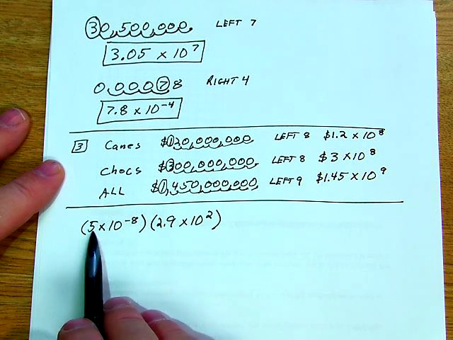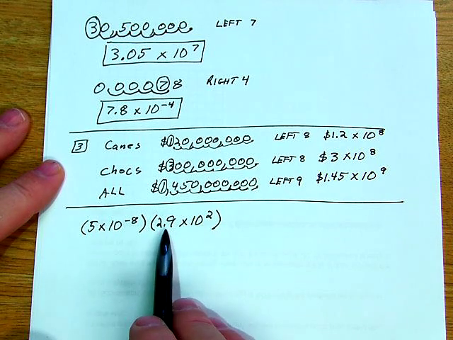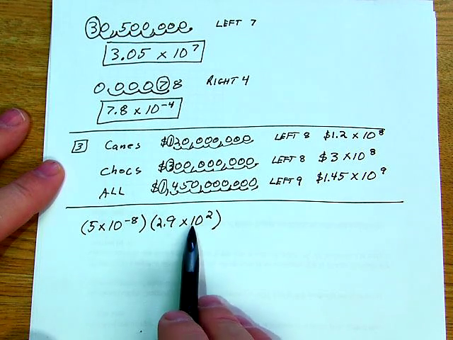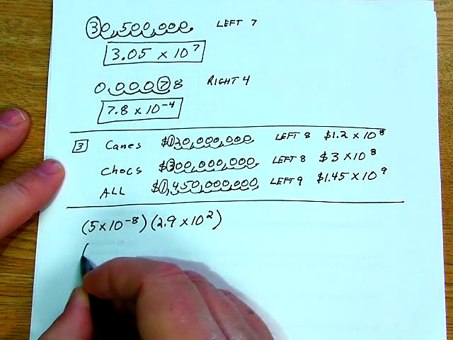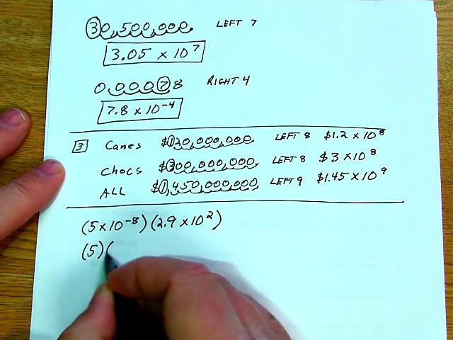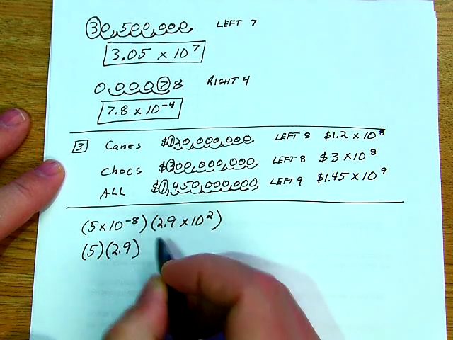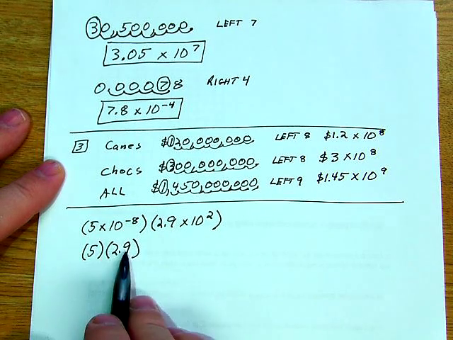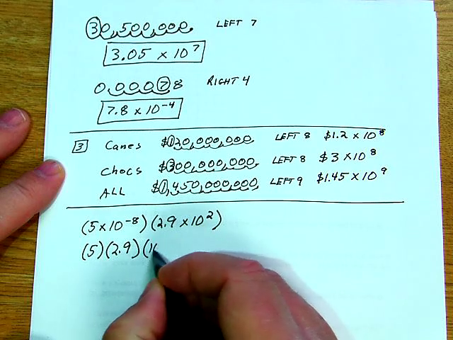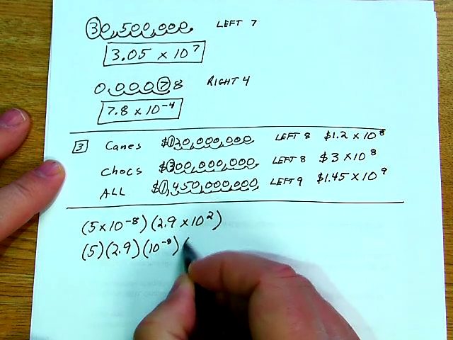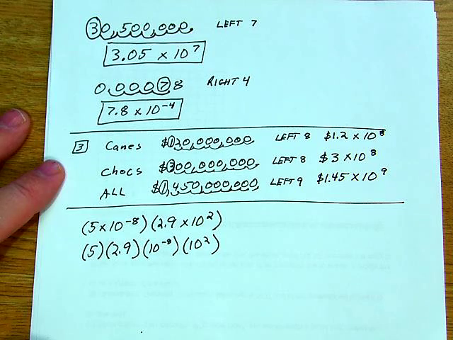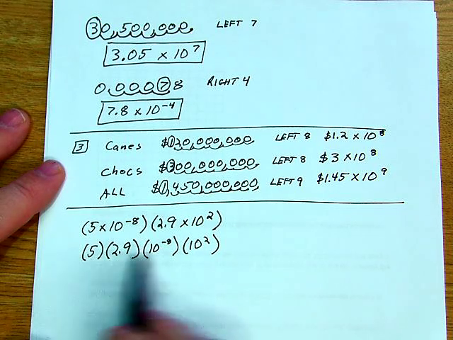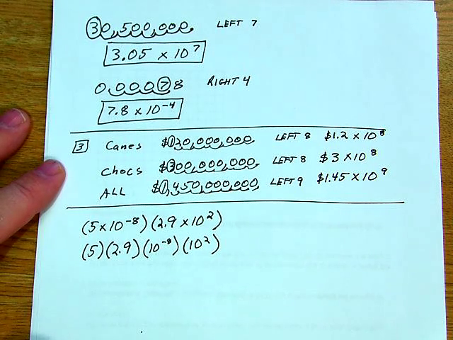So I can rewrite them because I can multiply in any order as 5 times 2.9. So I took the factor from both places, multiply them together, times 10 to the negative 8th times 10 to the squared. Okay, so I haven't done anything that you haven't seen before, but now I've got something pretty simple.